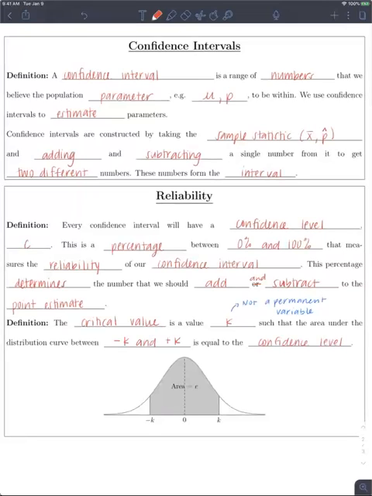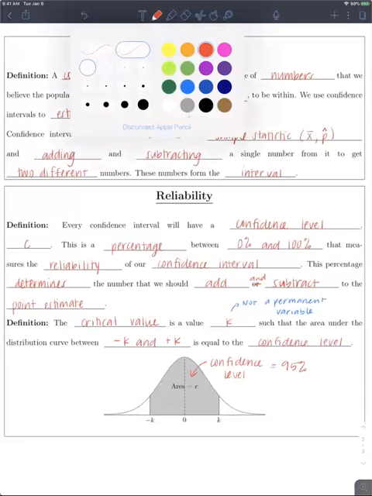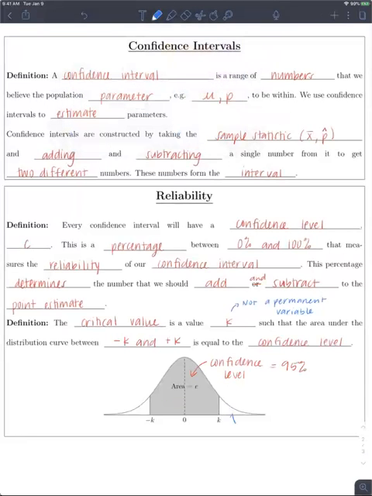If you look at this picture down here, this C would be our confidence level, right? Let's just say that our confidence level is like 95%. If the middle of the curve is 95%, what did these pieces have to be?